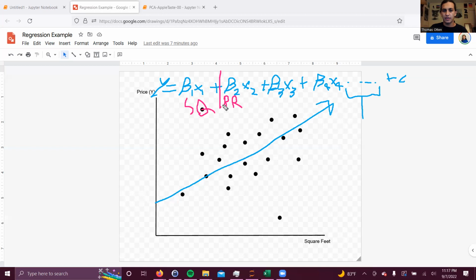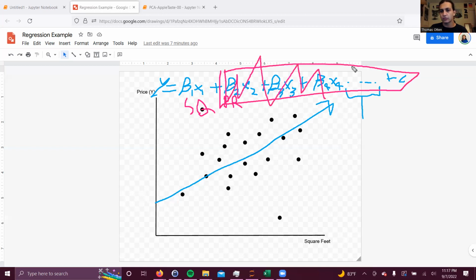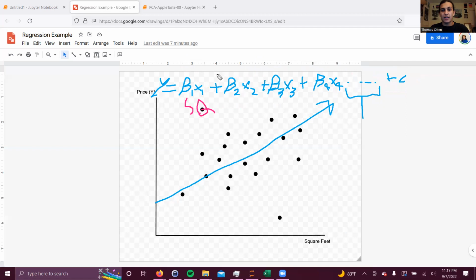So if you ran a model that did not have the amount of rooms, you're going to get one slope for beta 1. But if you ran a model that did have the number of rooms, you're going to get a different slope for beta 1 because there's a relationship here. And so that's complicated. And in econometrics, you'll go over how to figure that out. We might go over that a little bit in this class, but that's really econometrics. So don't worry about that too much, but you'll see these betas change as you add in more variables is kind of the takeaway from that.